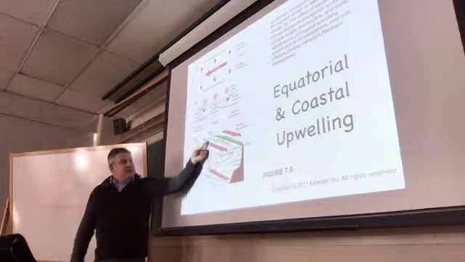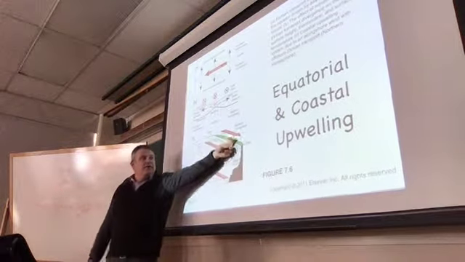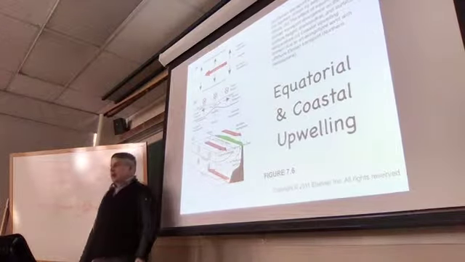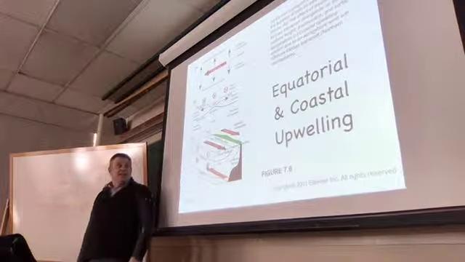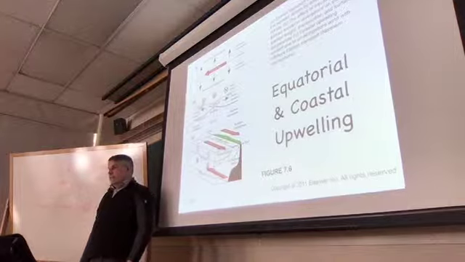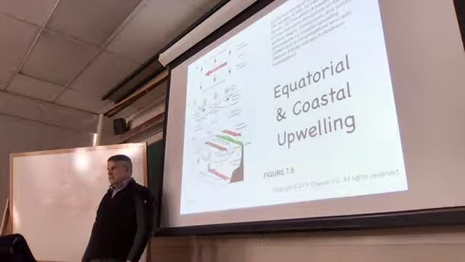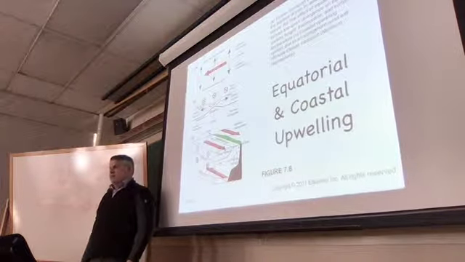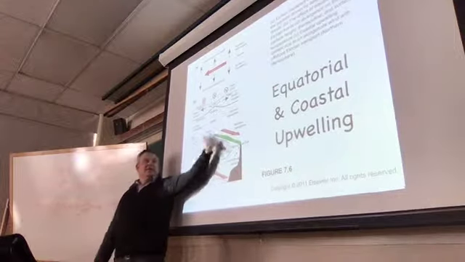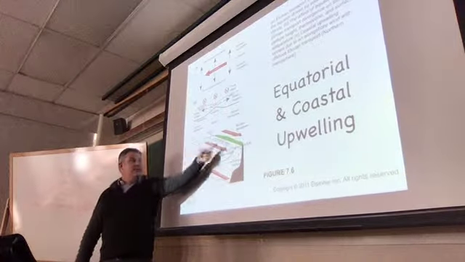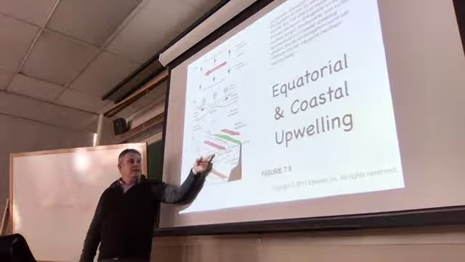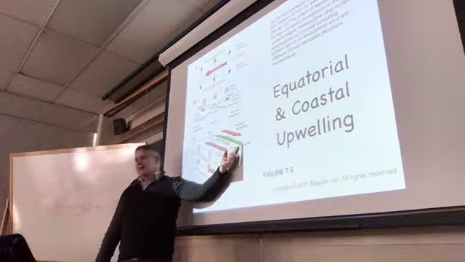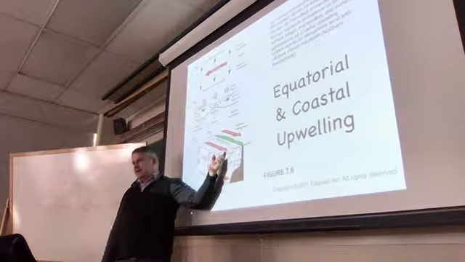If the wind is blowing along the coast in the northern hemisphere, which way does the Ekman transport go? To the right of the wind, this way. So that's what these little arrows are saying. Which means that you have to have something come up from below to replace it.